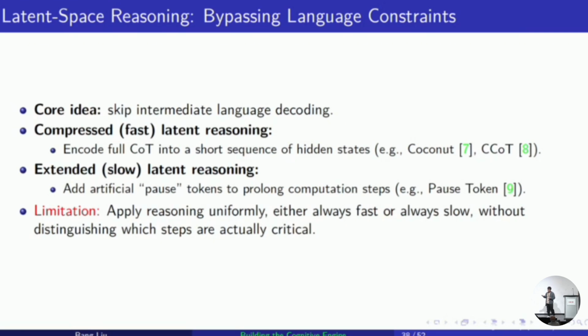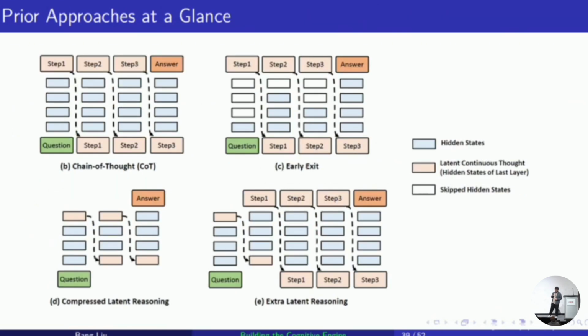But the limitation is that they still apply reasoning uniformly, which means it doesn't differentiate different cases. Sometimes we need to make very easy, fast, intuitive decisions. Sometimes we need to think harder because the reasoning challenge is higher at some critical steps. But those works don't differentiate such steps.